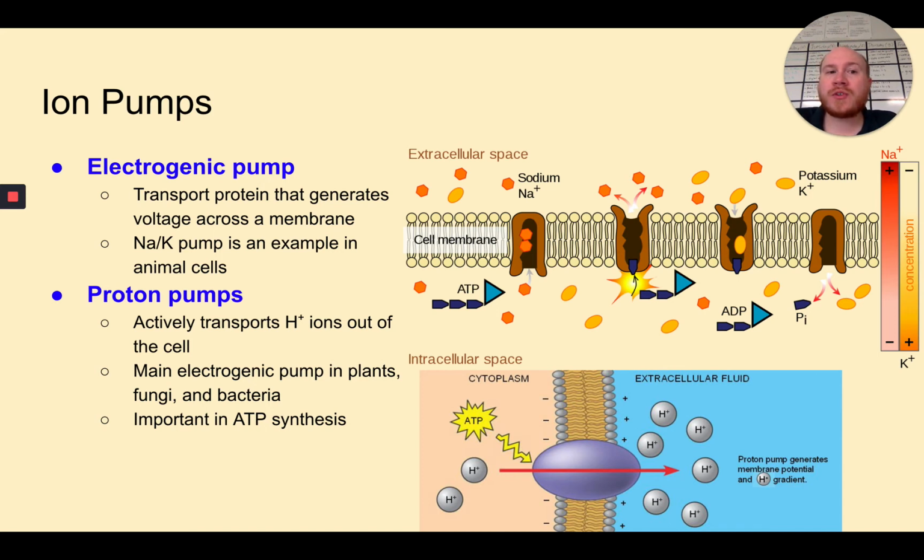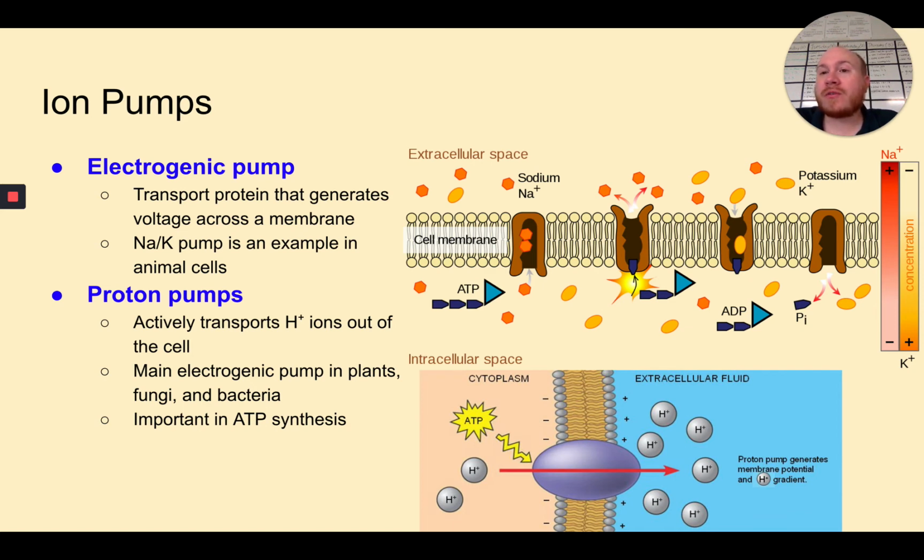So, an example of active transport are ion pumps. There's an electrogenic pump, transport proteins that generate voltage across the membrane. An example would be the sodium-potassium pump, where it pumps 2 potassiums in while getting rid of 3 sodiums. So 2 potassium in, 3 sodium out.